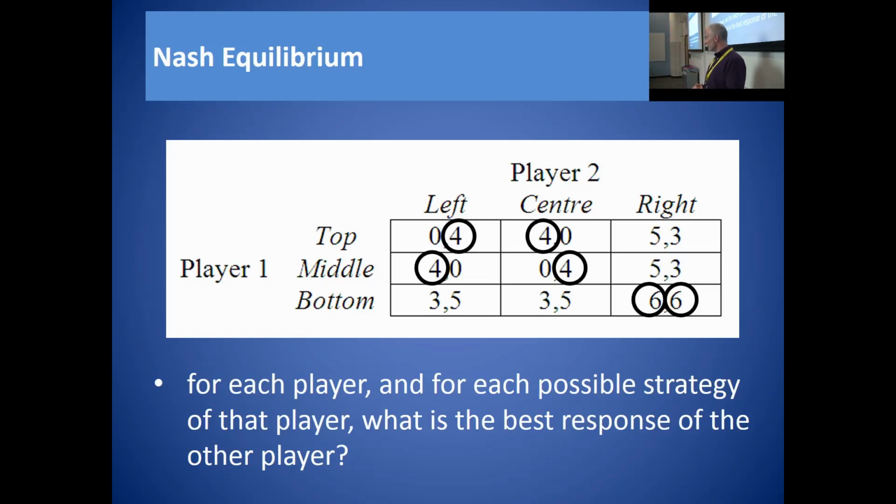Hence, in that game, there is a single Nash equilibrium outcome, where player 1 chooses bottom and player 2 chooses right. And all of the other potential outcomes, because they contain either a single circle or no circle at all, means that they are not Nash equilibria.